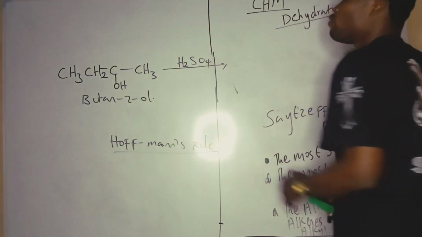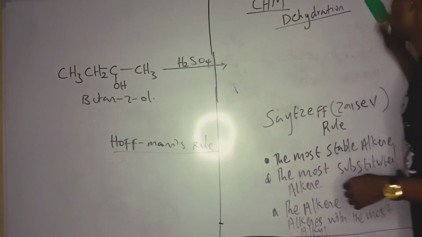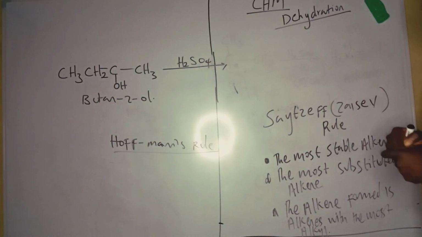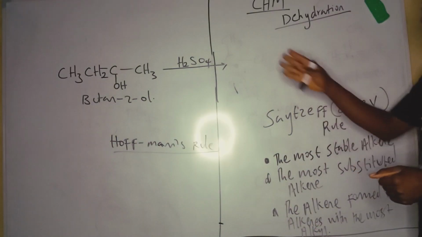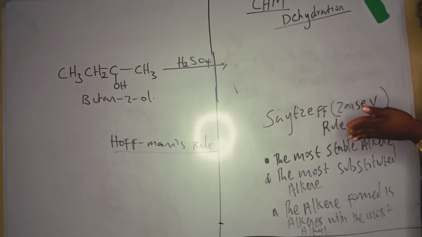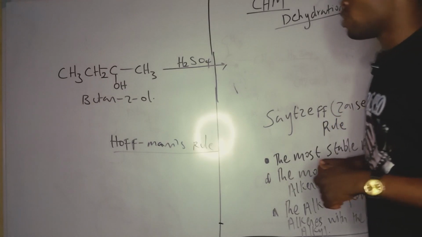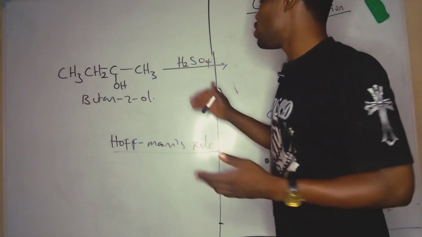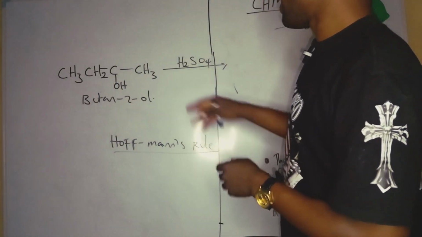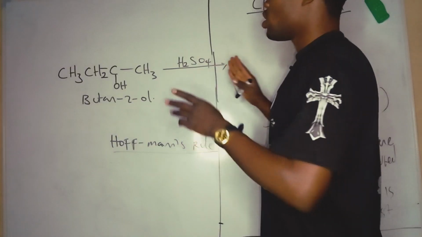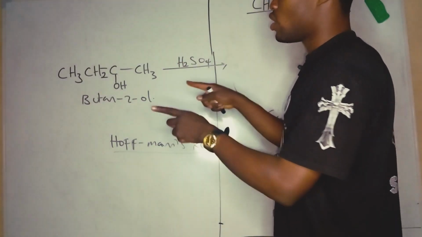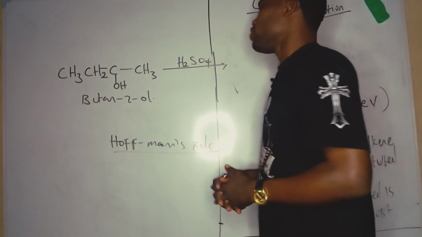So I have butan-2-ol, and how do I quickly get the product? I'll give you two products, the major product and what we might call the minor product. With H2SO4 and butan-2-ol, how does it work?